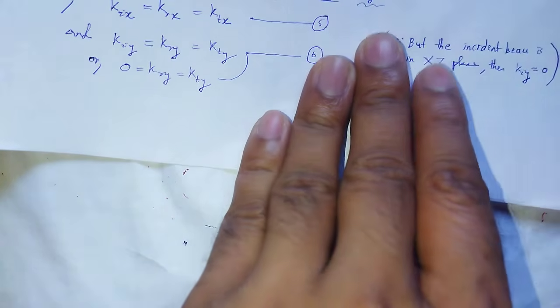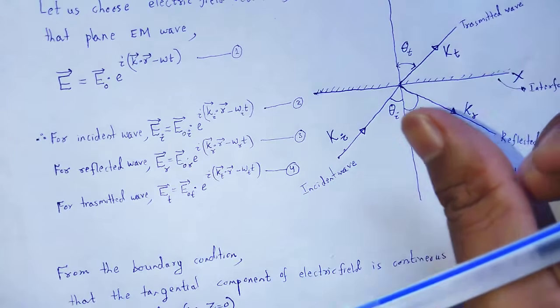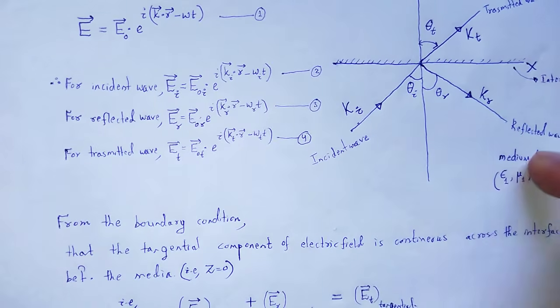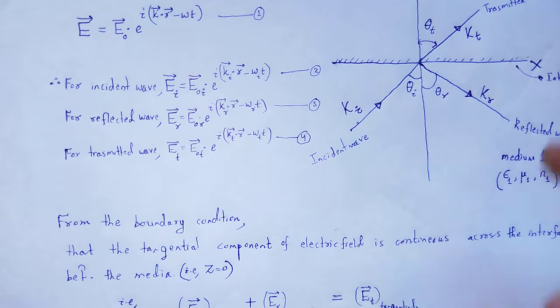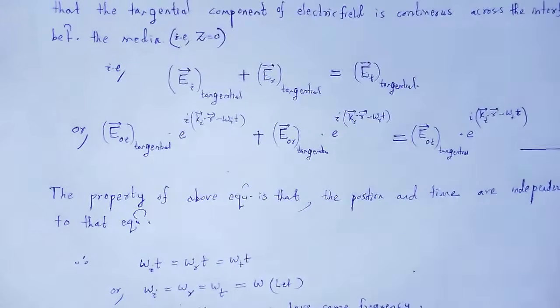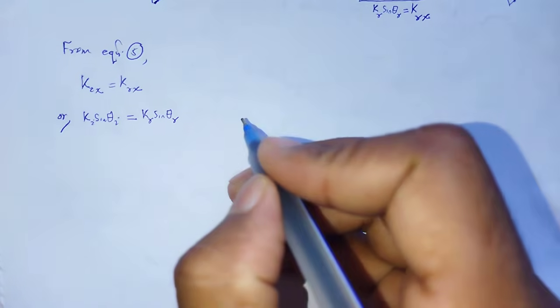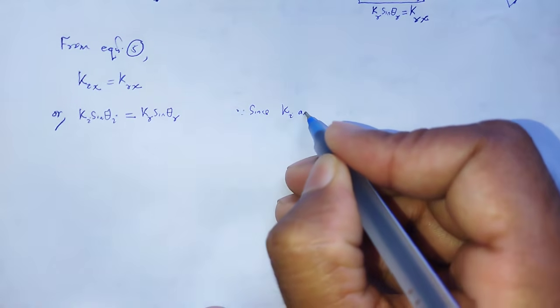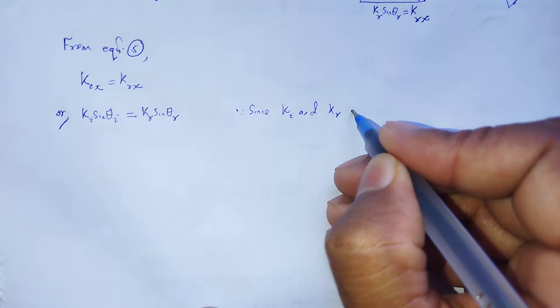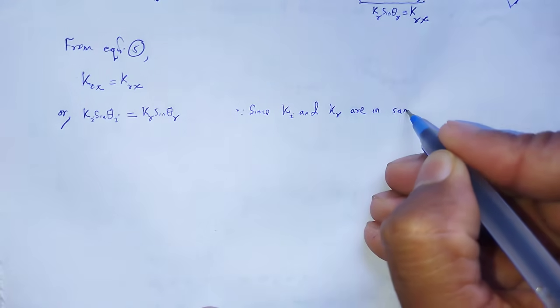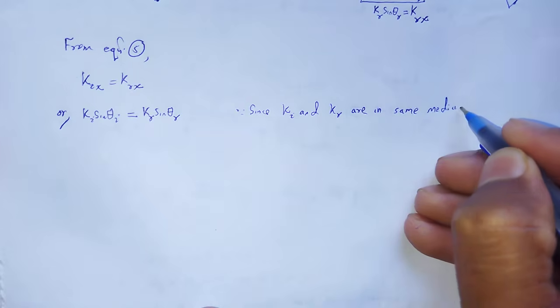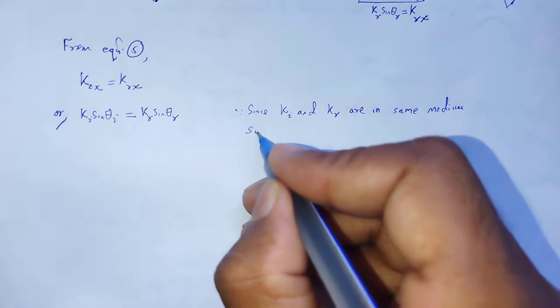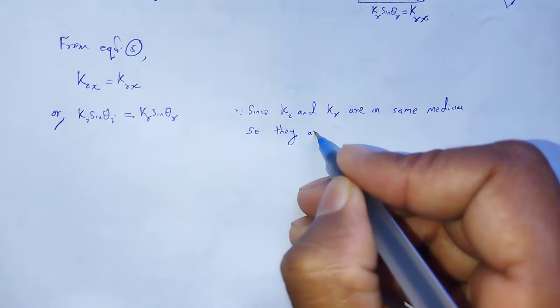Here in that figure, ki and kr are in the same medium 1. Therefore, the propagation vector value will be the same. Since ki and kr are in the same medium, they are equal.